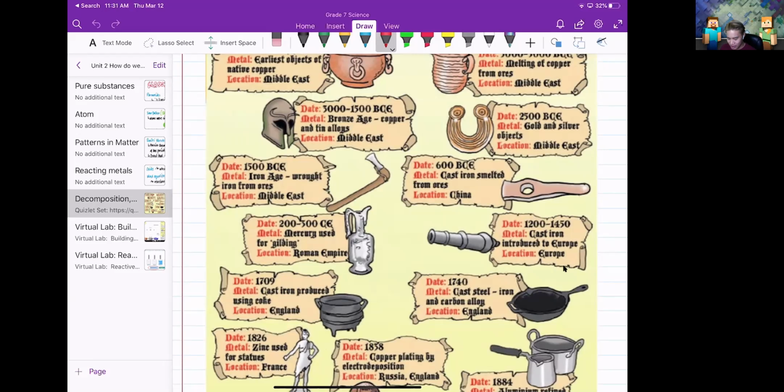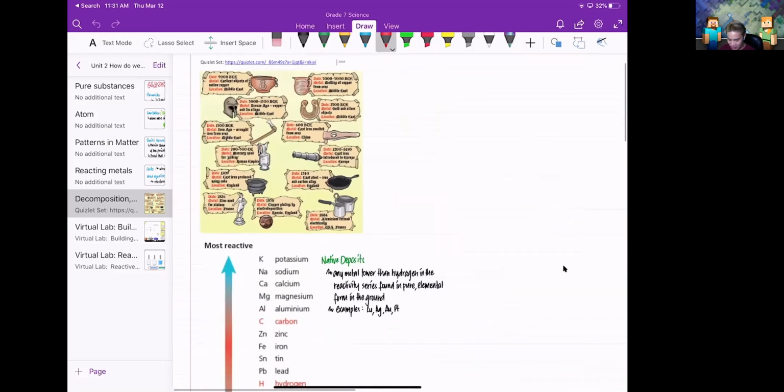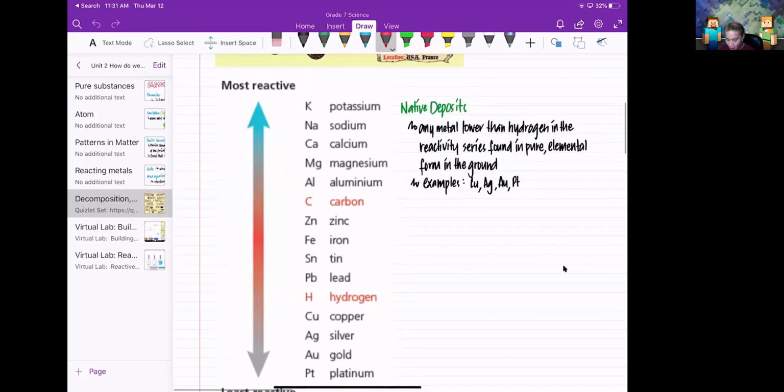And you will easily identify them using the reactivity series here. As you can see in this reactivity series, all the metals that are lower than hydrogen in the reactivity series are native deposits.